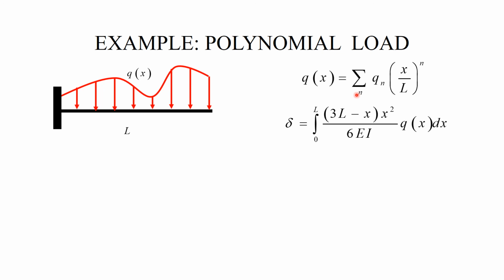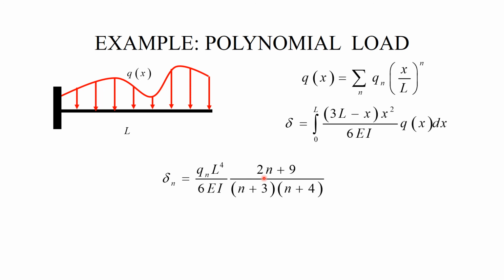How do I proceed? I say that due to one term, which is q n times x over L to the power n, the deflection of the tip has been computed on the previous slide.